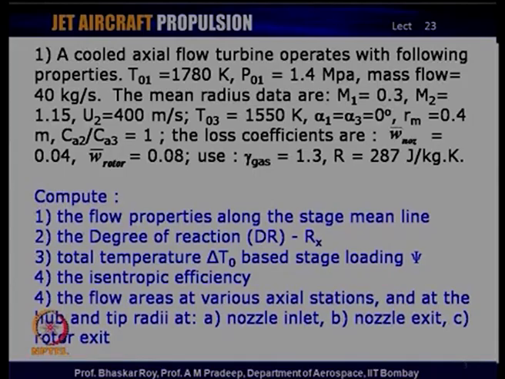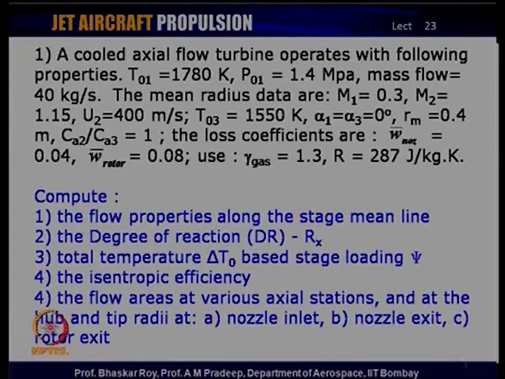The loss coefficients through the rotor and the stator, of course, we have been calling it the nozzle. So, the loss coefficient across the nozzle is given as 0.04 and that across the rotor is given as 0.08. So, these two are prescriptions. These numbers are realistic numbers and represent a reasonably real compressor turbine situation.